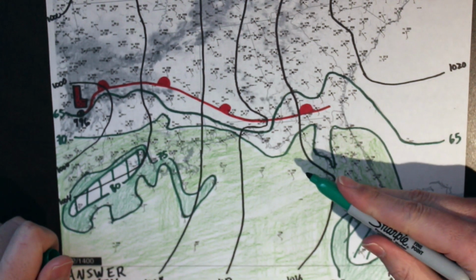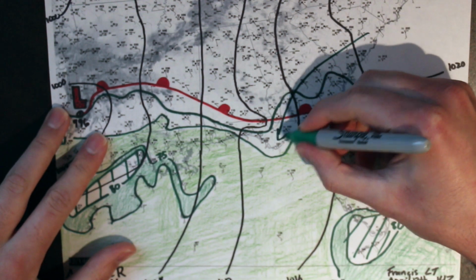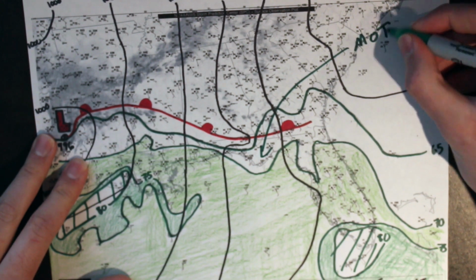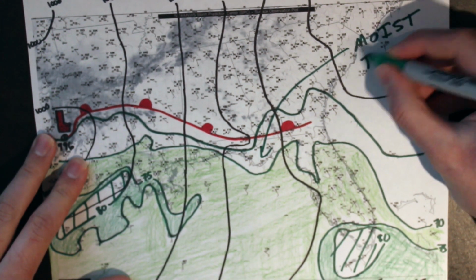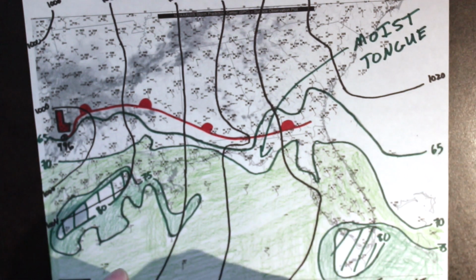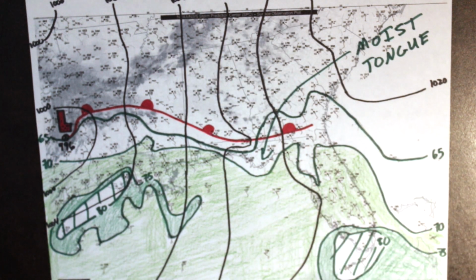So what you need to realize is this moisture area here is what we call a moist tongue. Okay? Usually because it looks like a tongue going up.